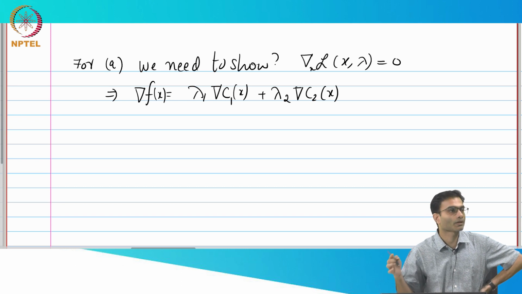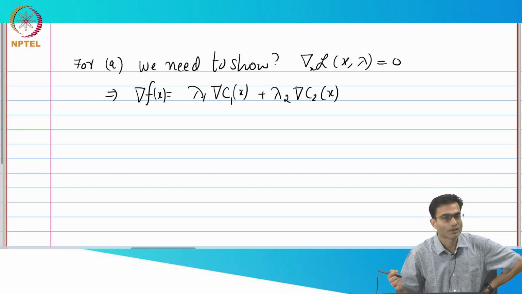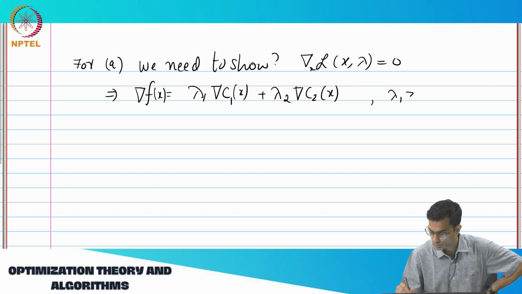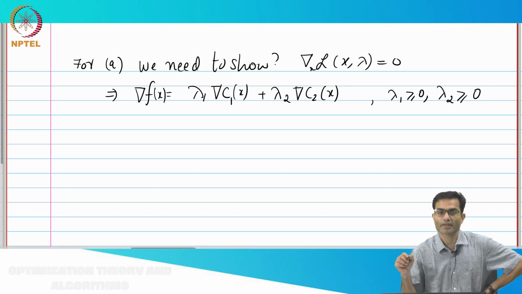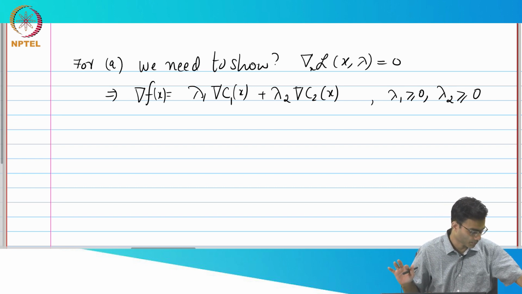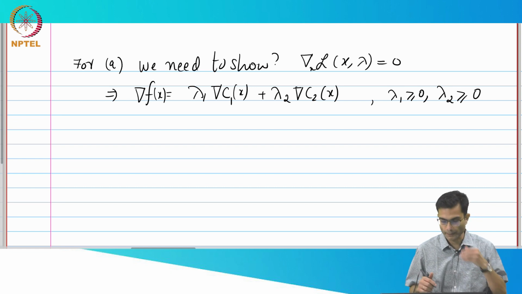Because this is an inequality constraint, I have to say that the Lagrange multipliers have to be greater than or equal to 0, right? So this is both. If you look at your KKT theorem, this is what must hold true. All right.